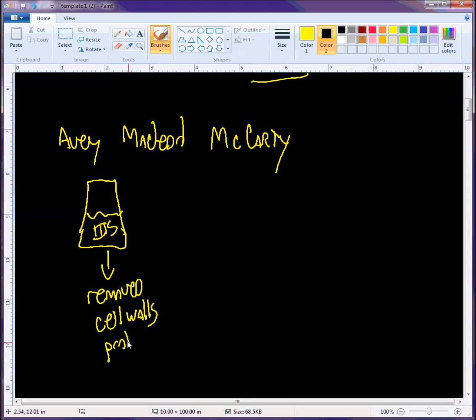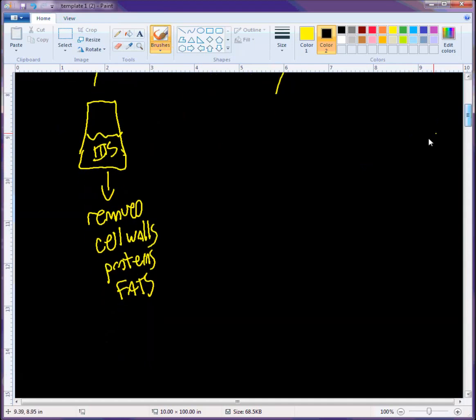Most of the proteins, fats and lipids. They removed all that stuff, and they filtered it. So what we have is a filtrate. We'll call it a crude filtrate.